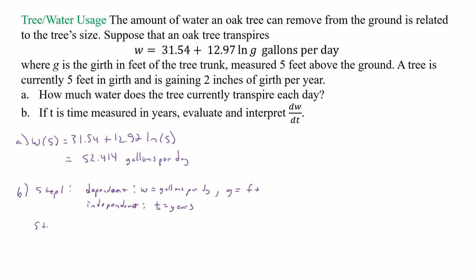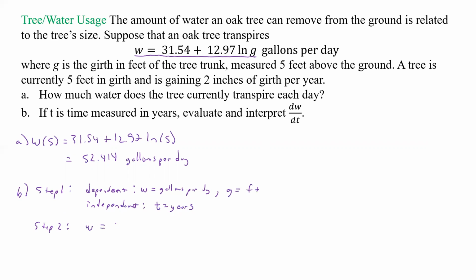So now let's do step two. Step two basically says write an equation that relates the two dependent variables, or however many variables there are. Well, guess what? They gave us an equation that did that already. So we just have to rewrite that and say, hey, we've done that step.